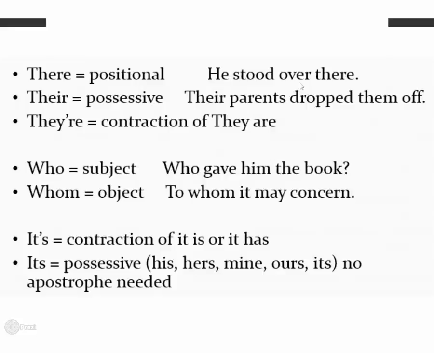Second one is who and whom. These ones are a little bit confusing. You use who when you're referring to the subject of a clause, and you use whom when you're referring to an object. Subjects are the parts of the sentence that do things, and objects are the parts of a sentence that have things done to them. Let's take a simple sentence: I love you, which is true, dear listener.